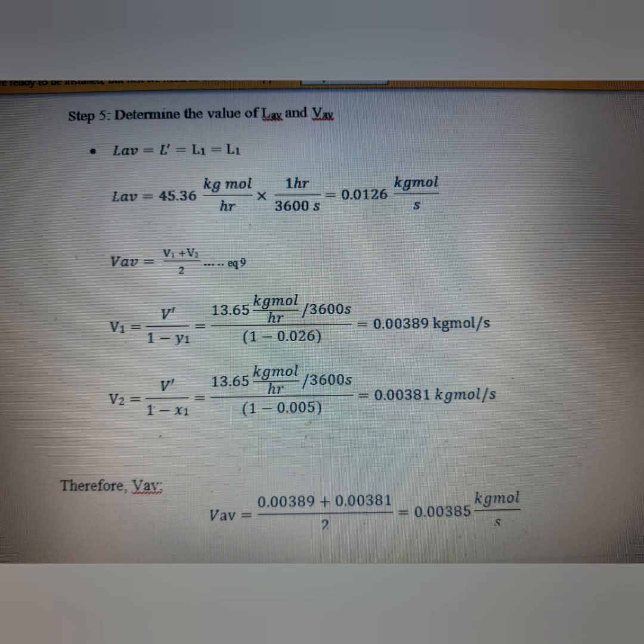And for V2, which uses V prime divided by 1 minus X1, it gives the value of 0.00381. Both V1 and V2 need to be converted from hour to second. As for V average, we add V1 and V2 and divide by 2, which gives the answer of 0.00385 kg mole per second.